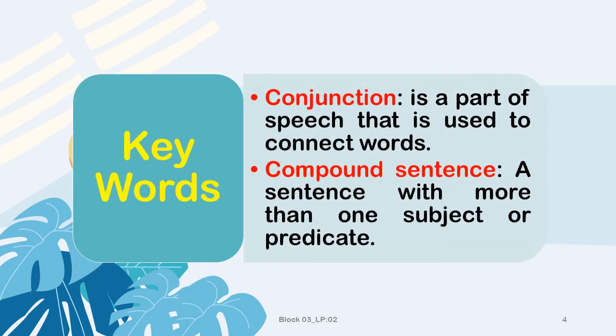Today's keywords are conjunction and compound sentence. Conjunction, meaning, is a part of speech that is used to connect words. Compound sentence, meaning a sentence with more than one subject or predicate.